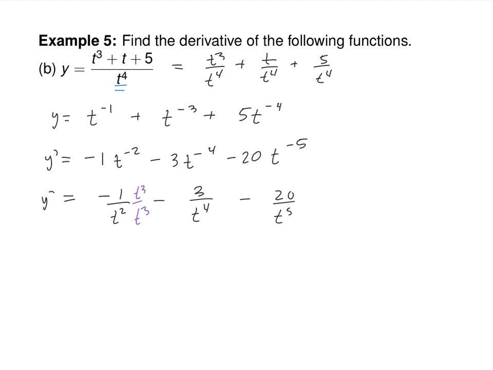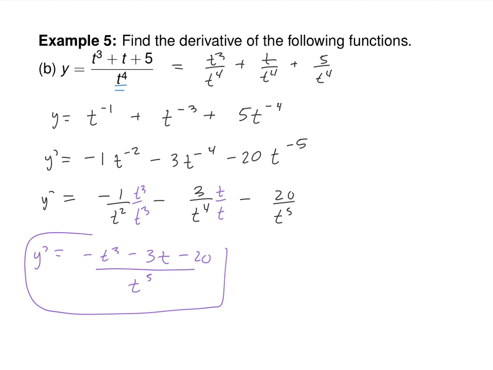And second one, t, last one, nothing, right? So y prime is -t cubed minus 3t minus 20 over t to the 5th. And if you use the quotient rule, your answer will look a little bit different initially, but it will simplify to this once you take out a greatest common factor and cancel it.